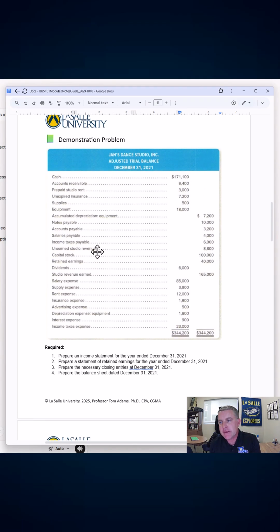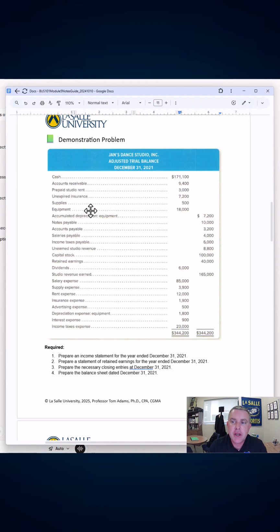Notice how the accounts in the trial balance are organized. In a trial balance, we see the balance sheet accounts first, and then the income statement accounts, and that's it. Within the balance sheet accounts up at the top, we have assets, which run from cash through accumulated depreciation.